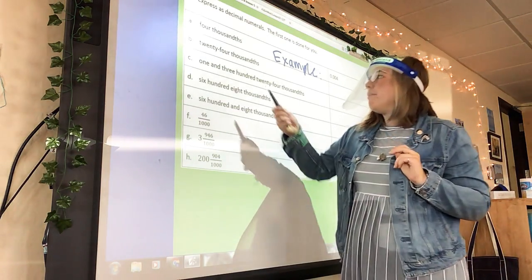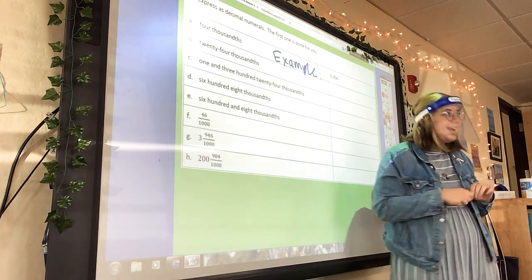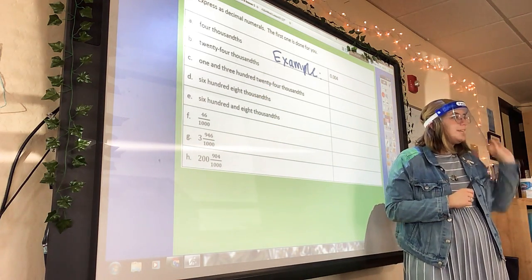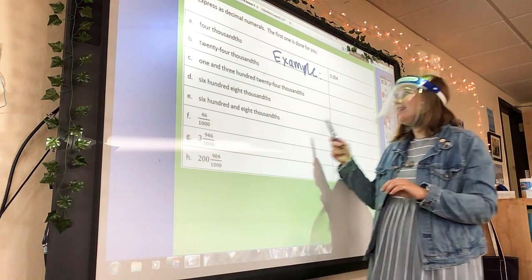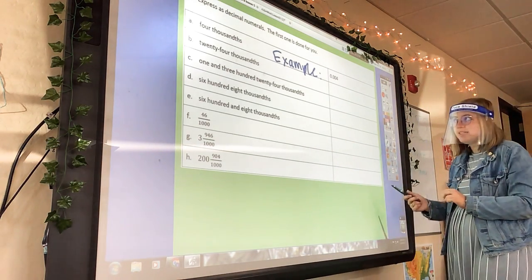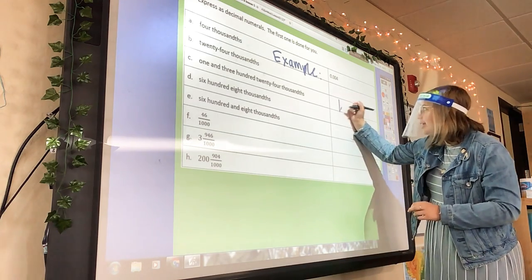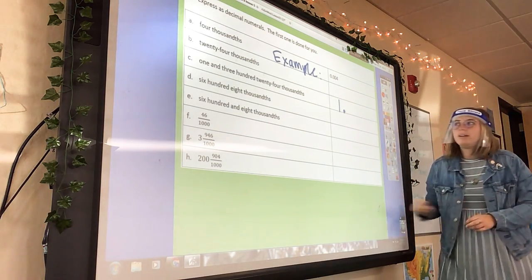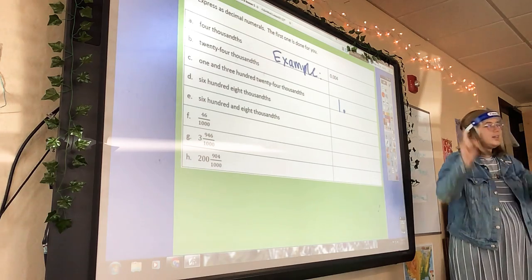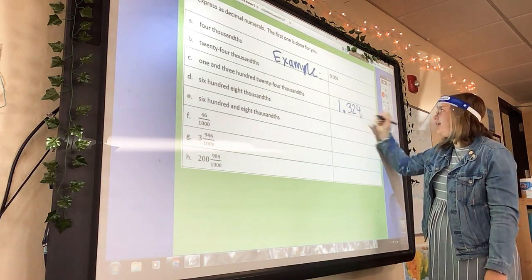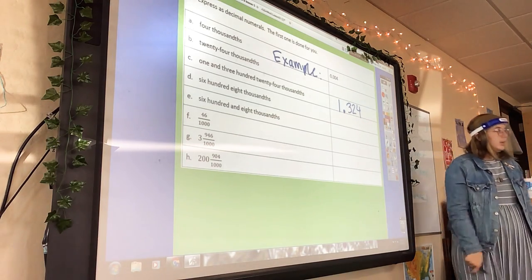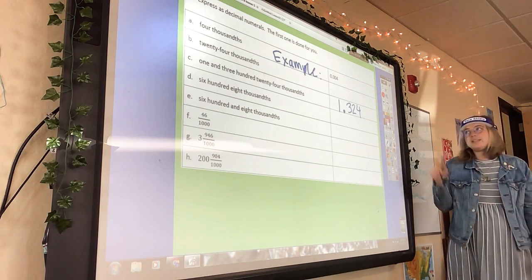And anytime we see "and," that means decimal, okay? So 1 and 324 thousandths means it's 1 and, everybody see that? 1 and 324 thousandths, okay? Does everybody see what I did there?